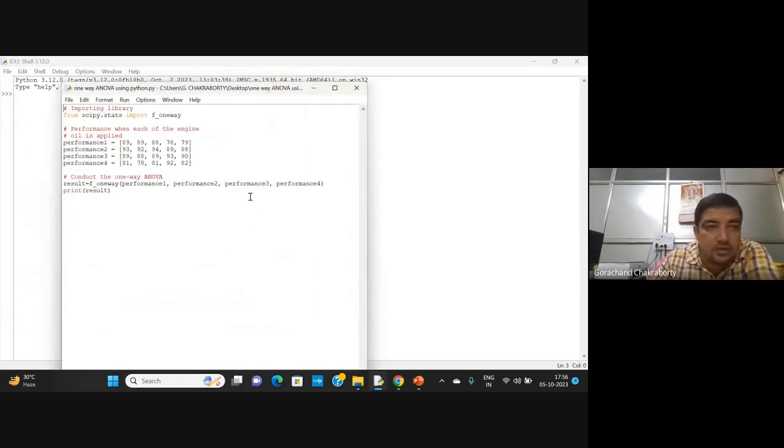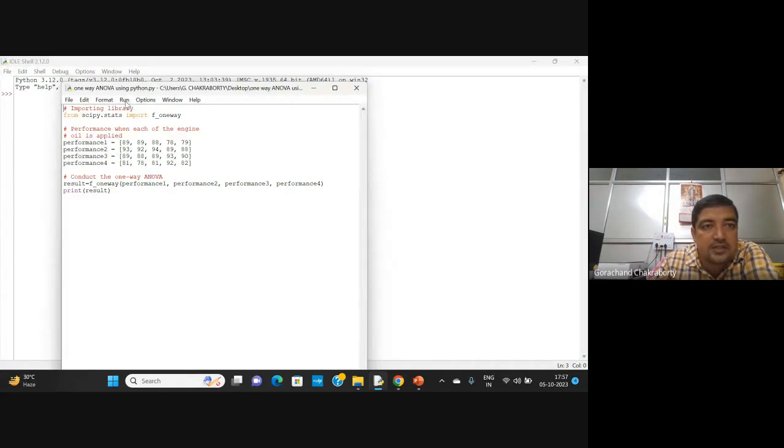Okay, this is the code, and this is the SciPy library function. f_oneway is the function, which actually gives the result. These are the lists: performance 1, performance 2, performance 3, performance 4.